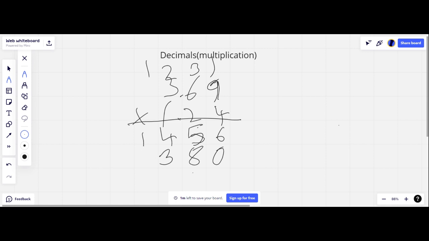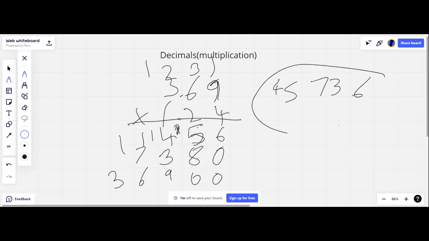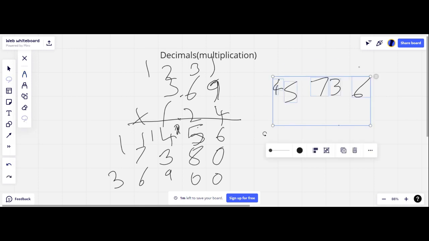Here the question is usually only as difficult as the actual multiplication is if it was a whole number. So we get the answer 45736. But that is not our answer yet, is it? This is not our answer yet.